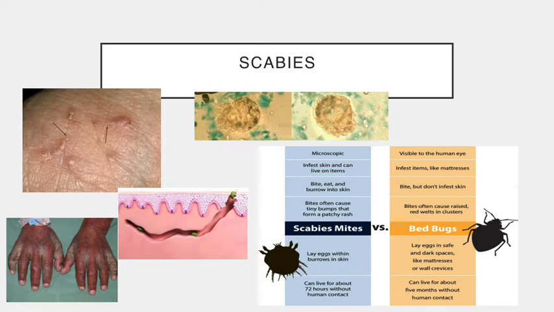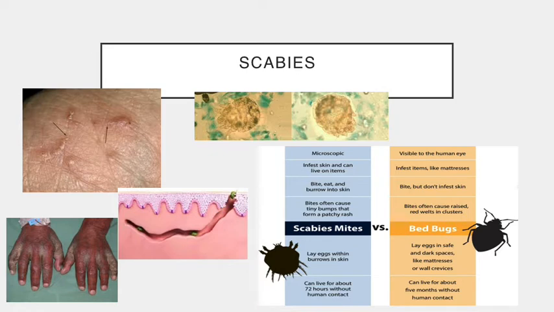Right now, and I guess it has been going on for a couple of years, are bed bug infestations. Now, it's important to note that if somebody comes in and you diagnose them with scabies, that room and or bed bugs, but scabies in particular, they can live for about 72 hours without human contact.